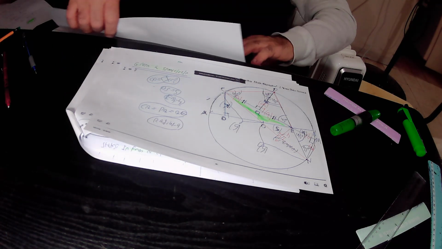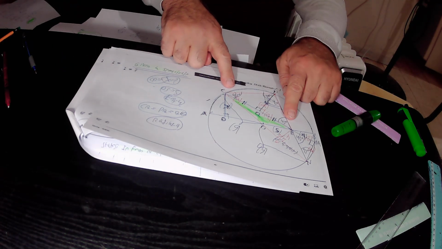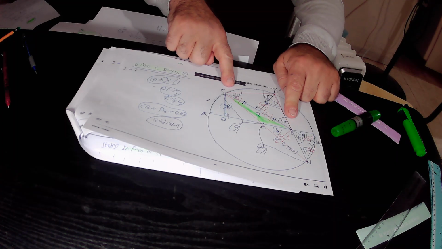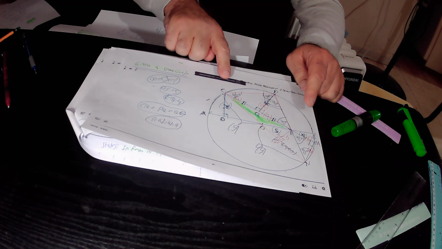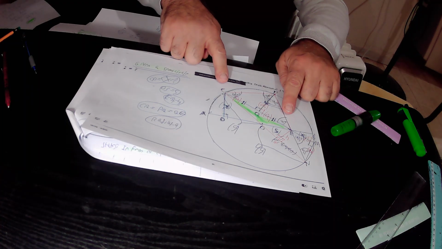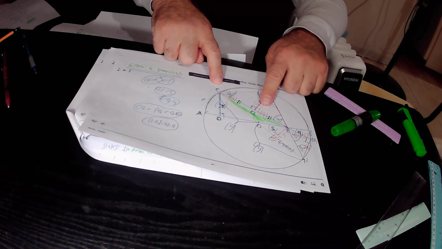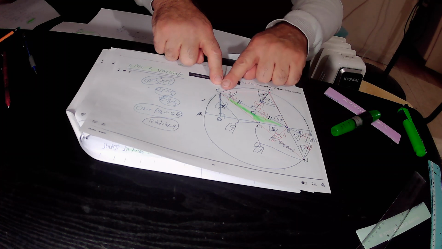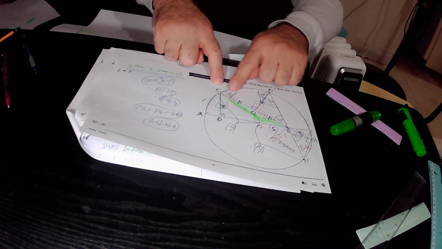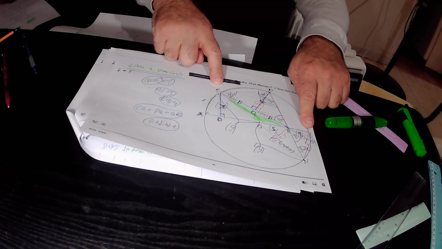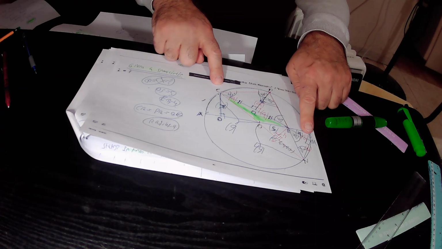We choose the base as CE. The base of this green triangle COE is CE, and the height to the base must be at 90 degrees with the extended base CE. The extended base CE is CM, and MN is at 90 degrees with the extended base CM, because this is a right angle.